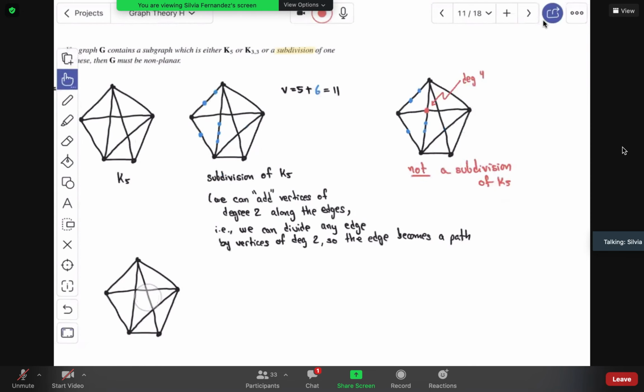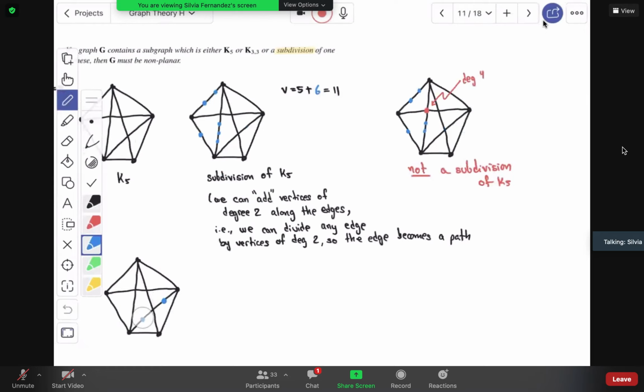Can you annotate on your screen? I don't think so. Okay, then just pick any edge. Let's say this one right here, and you can just add any vertex on top. That's a subdivision of K5.